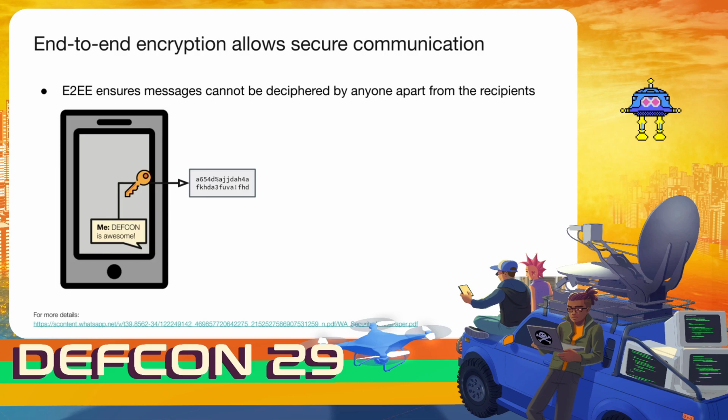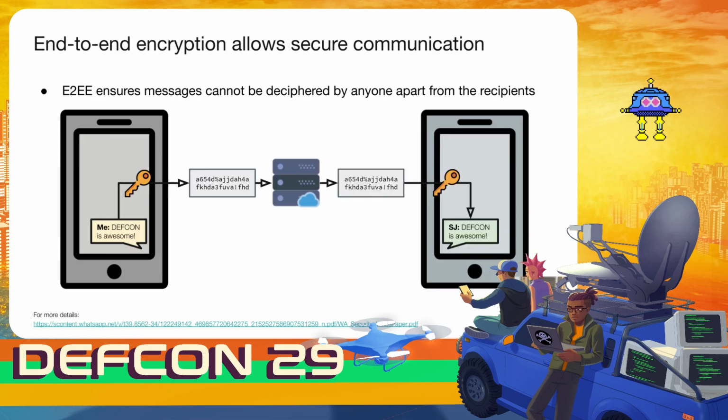The way this happens is that there is a shared key using which the message is encrypted. This is then sent to a server, which routes this message to my friend, and my friend has the shared encryption key as well, with which they can decrypt the message and read it. And not just messages, you can also send images using these end-to-end encrypted messaging platforms.